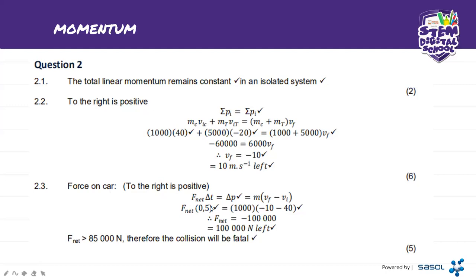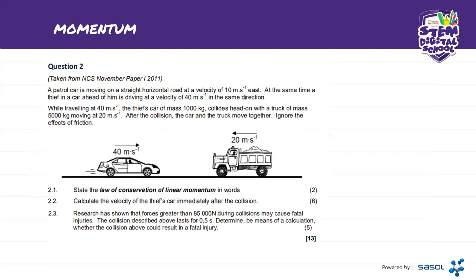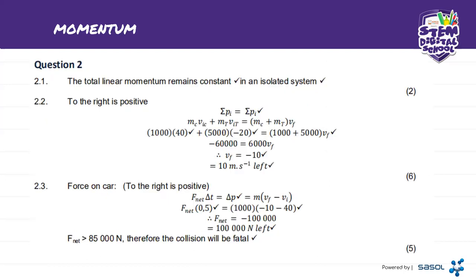So F net change in t, which is this case, guys, the minute they start asking about the collision with respect to time, then you know that now we're talking about the change in momentum. Okay, because now we want to know the force and we are doing it according to time. Okay, so they've given us the time.